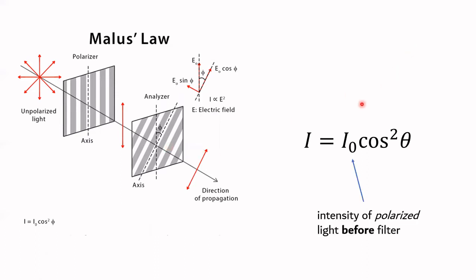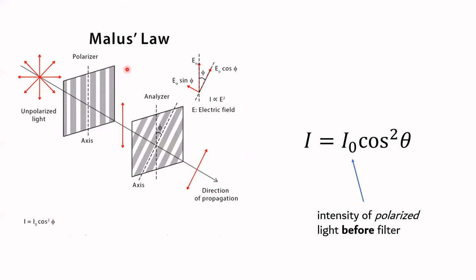Let's clarify the terms here. I naught, that's the intensity of the polarized light incident on the analyzer. So in this picture, this right here would actually be I naught. I would need some other symbol for the intensity of the light striking the polarizer.